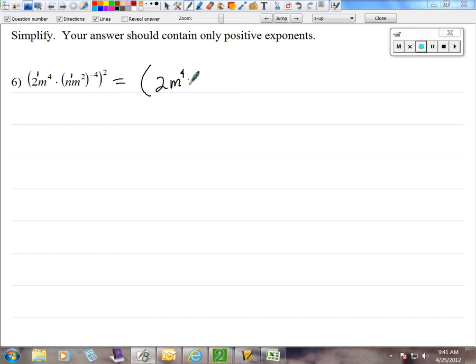So this would be 2m to the 4th times, let's just do this power to a power. So that would be n to the 4th, excuse me, negative 4, m to the negative 8, wouldn't it? How many had that okay on that? And then all of this is still raised to the 2nd.